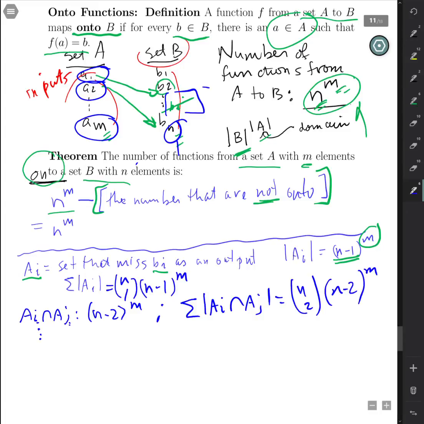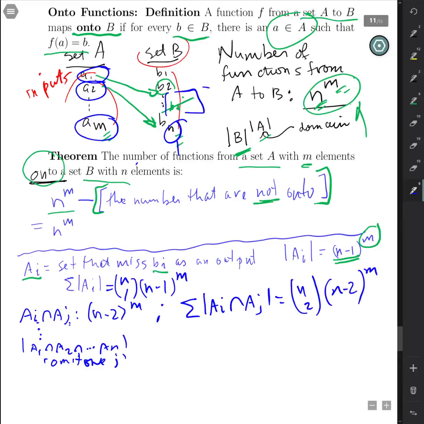Let me do the last one. So the last one would look like A1 intersect A2 intersect out to An, but omit one of them, like j, because it makes no sense to talk about a function to B that misses every possible output value.